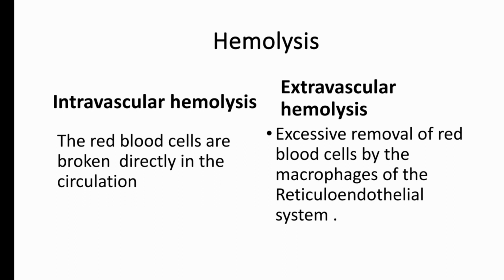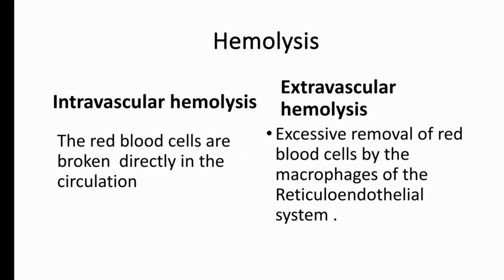What is basically hemolysis? Hemolysis is the breakdown of red blood cells, and how does it take place? It may take place intravascularly and extravascularly. Right, in intravascular, intra means inside and vascular means vessels.